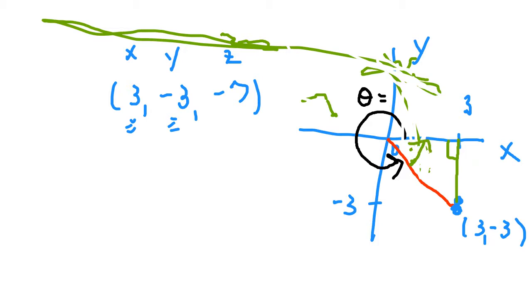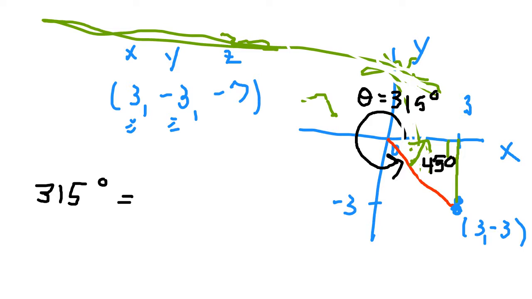Okay, so this is 45 degrees, and so theta has to indeed be 315 degrees. 315 degrees is what in terms of radians?